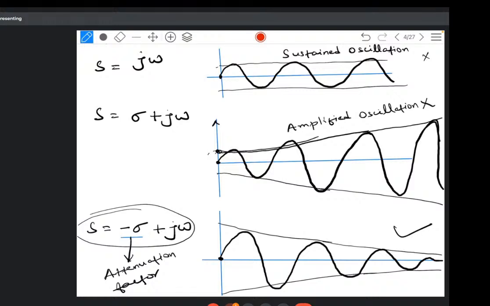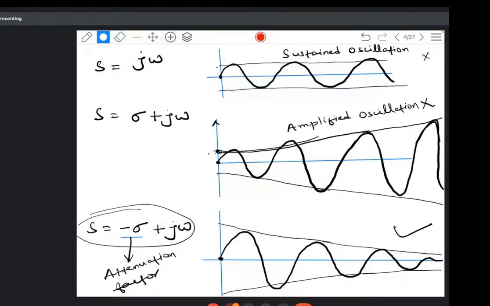But the last one, that is s equal to minus sigma plus j omega, with the imaginary term represented like this, the real part is negative, which means the oscillation will be attenuated at regular intervals, or the amplitude of the oscillation will continue to decrease.